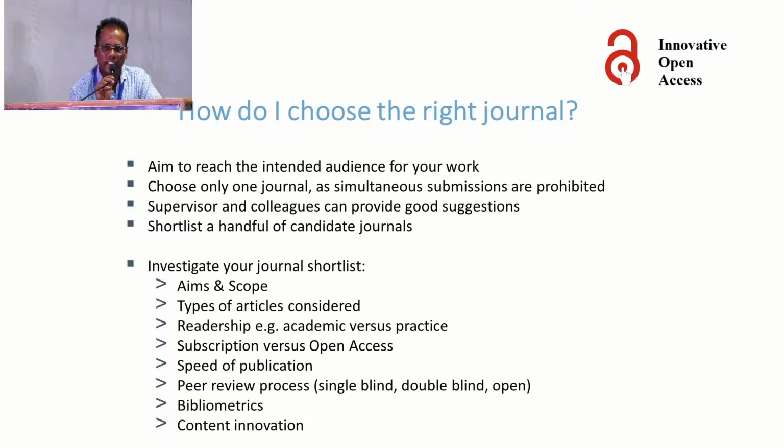Double blind peer review means the author doesn't know who is reviewing the article, and the reviewers don't know whose content it is or who submitted it.